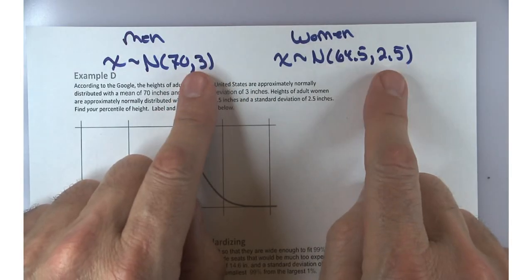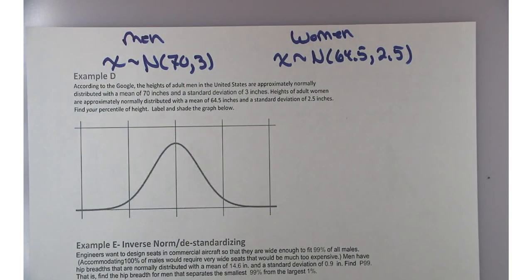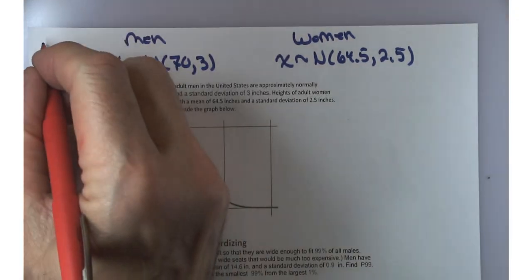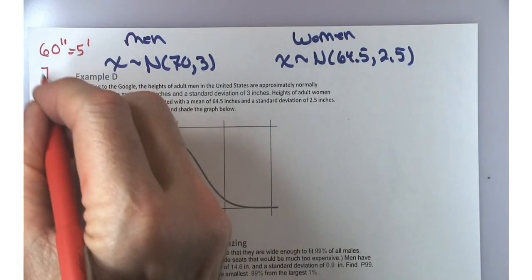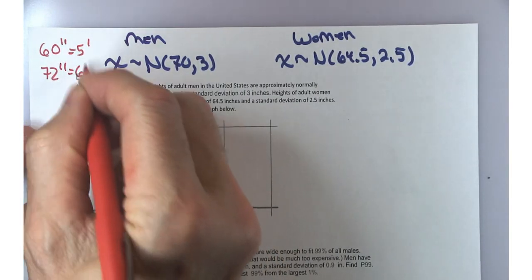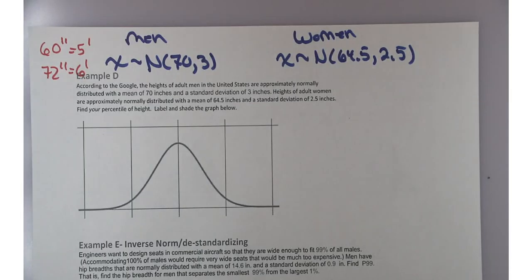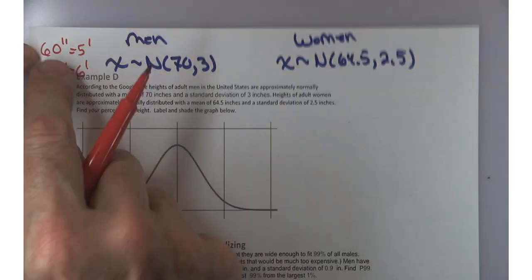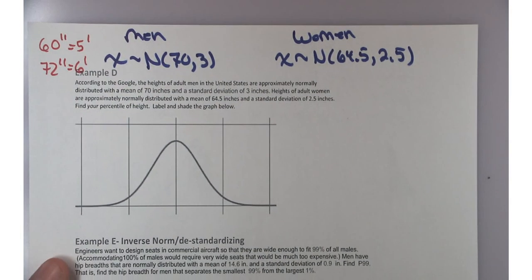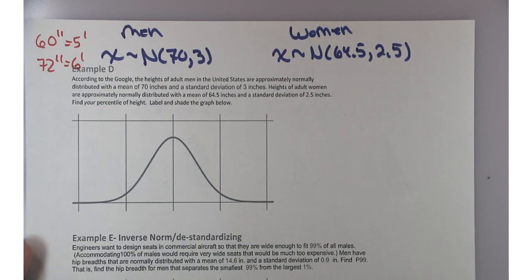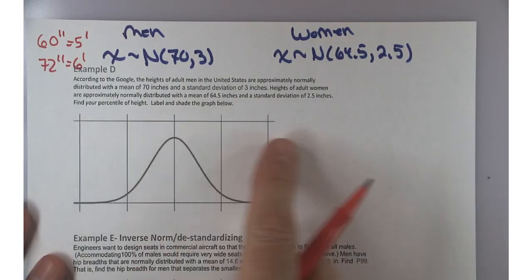Now, just for the sake of being helpful, 60 inches is 5 feet. 72 inches is 6 feet. So if you're 5 foot 7 inches tall, it'd be 60 plus 7, it'd be 67 inches tall. Figure out your height in inches, of course, and then try and figure out what percentile of height you're in.